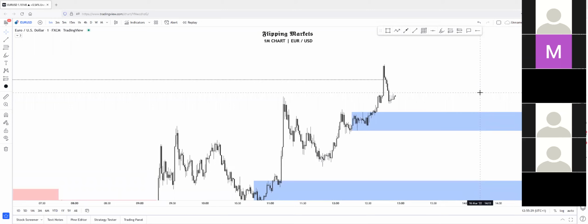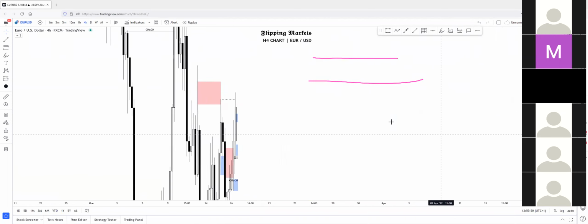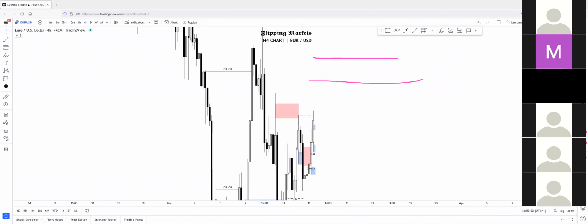Marcel? Yes, mate. What price basically? So right here. Isn't there a 4 hour zone that it tapped into? That's a 4 hour zone, which has been mitigated several times already.